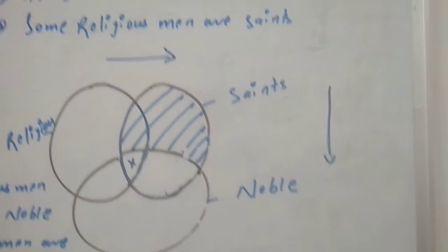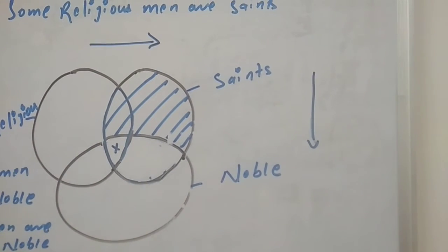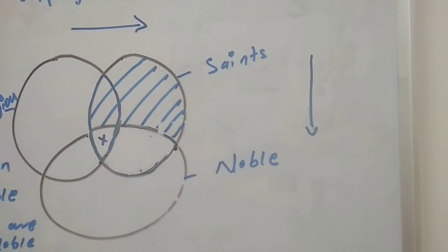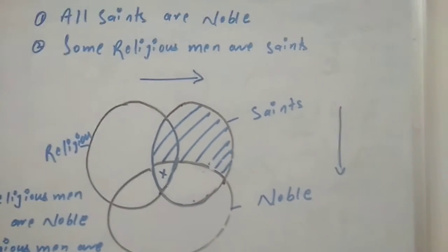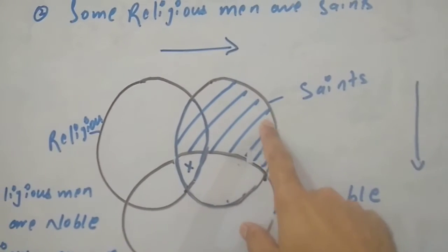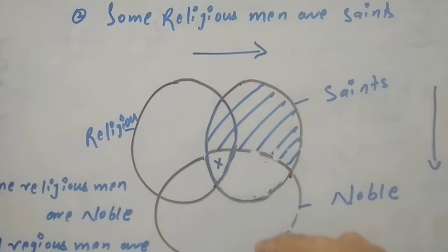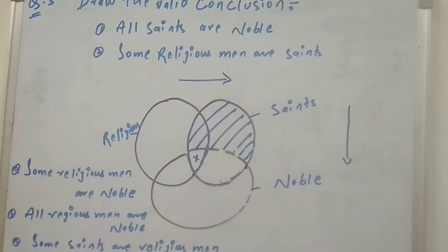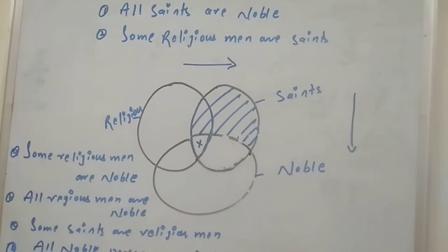If I say all saints are noble, then the part other than the intersecting part, we mark with a different color. If they would ask no saints are noble, then surely we cover the intersecting part.